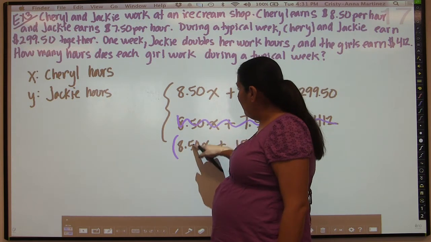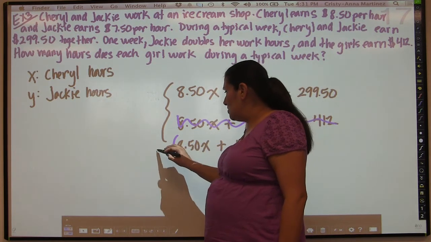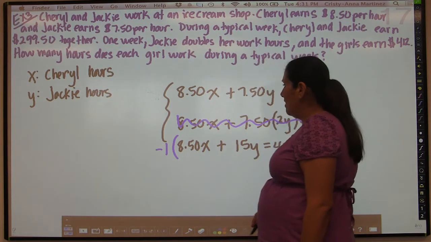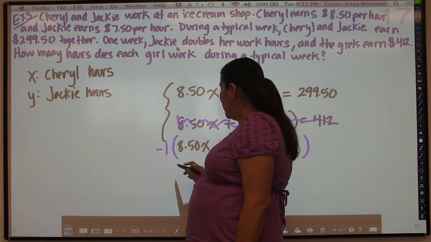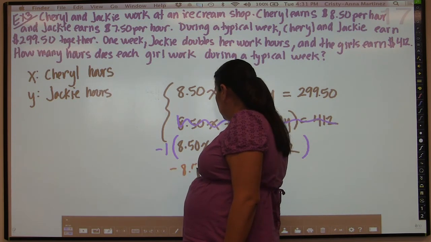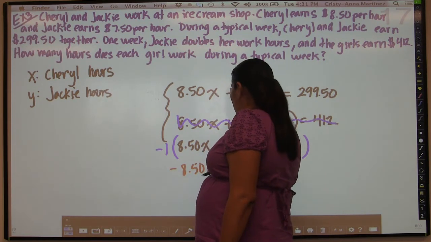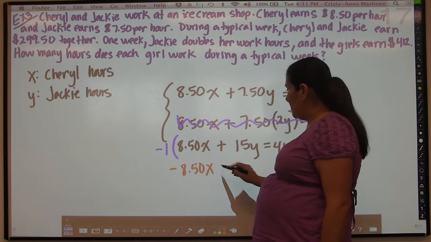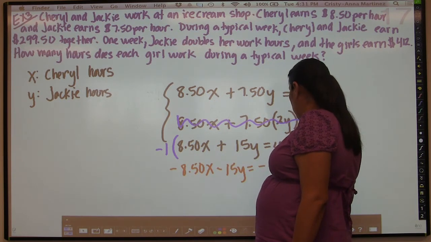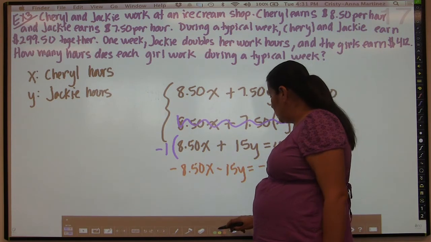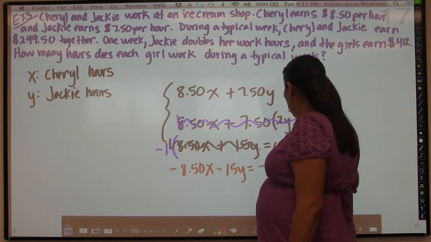So since these both have the same 8.50, all we need to do is multiply by -1, and then that will change the second equation to negative 8.50x, and then -1 times 15 will be negative 15y, and negative 412. So now this equation is gone.